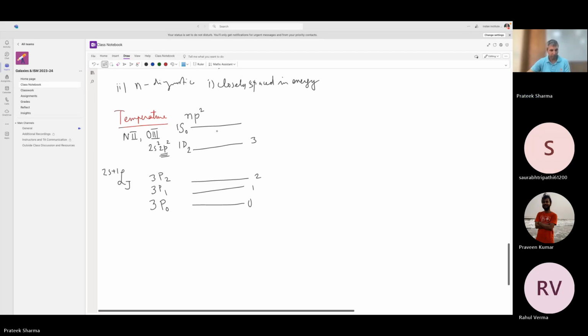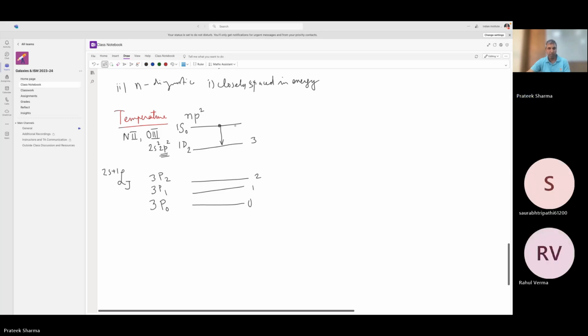Now, let me mark some transitions. These are all forbidden transitions. The energy gap between these states is small.